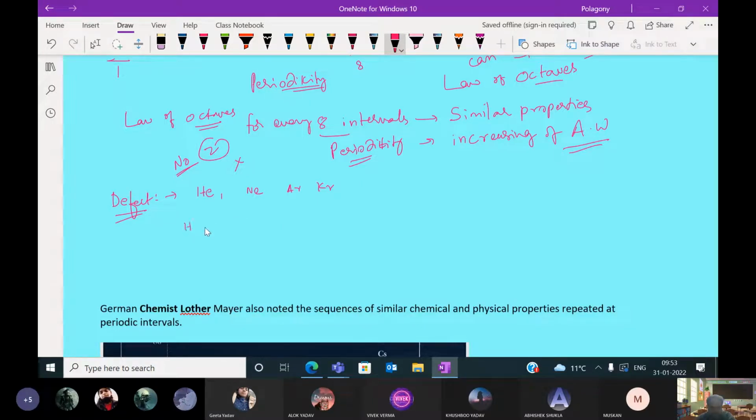For example, hydrogen and helium, next lithium, beryllium, boron, carbon, nitrogen, oxygen, fluorine, after that neon, again neon will come.